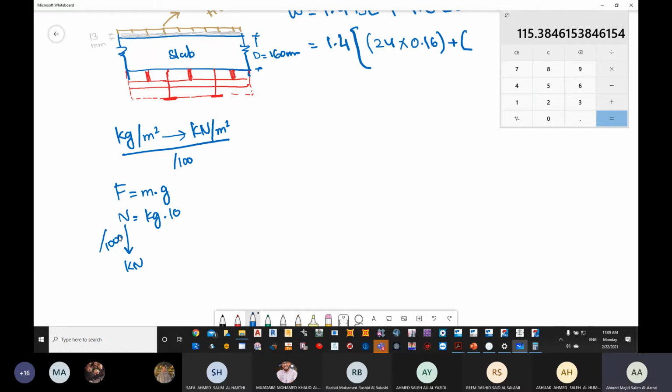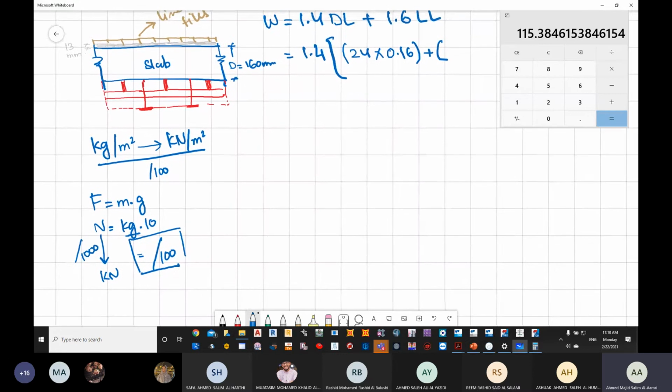So we have multiplied by 10, and then divided by 1000. Finally, you are going to have division by 100. So to convert from kilogram per meter square to kilonewton per meter square, you need to divide by 100.